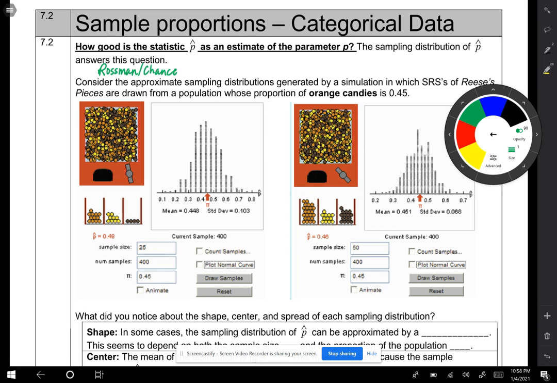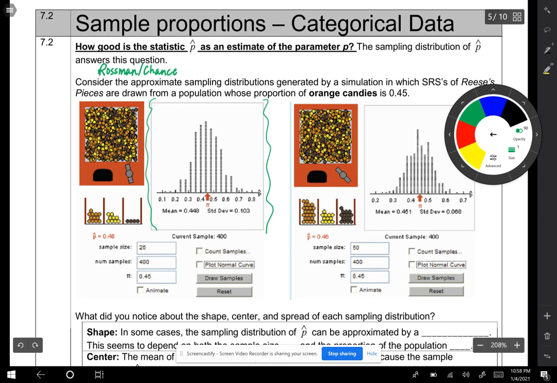What this situation is showing on the left is you're taking a sample size of 25 candies and you're going to run 400 samples. And then you're going to get a statistic from each sample, and then you're going to plot the statistic, and that gives you that sampling distribution, which is right here. Okay.